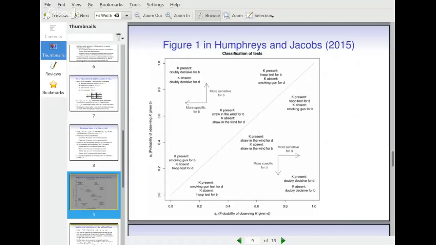The probative value of the clue is the difference between the vertical and the horizontal. If we're along the diagonal, where there's a dashed gray line, this clue is useless for discriminating whether a country that falls in this bucket is type D or type B. But as you go off the diagonal in any direction, you start to get more leverage on it, when I observe X is 1, Y is 1, and I've observed the clue.